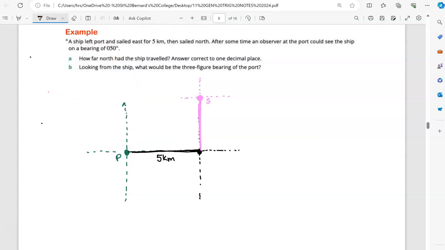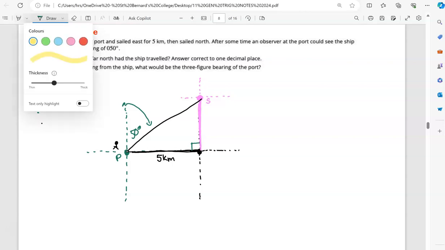So go back to the port down here. Here's a little man, our observer, who could see the ship on a bearing of 50. So he's here, he's looking up there, and he could see it on a bearing of 50. Remember, the bearings go from his north to there, so we know that's 50 degrees. Now, you can also see that this is right angled.